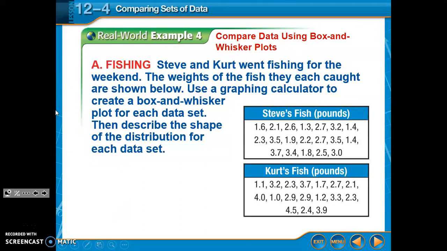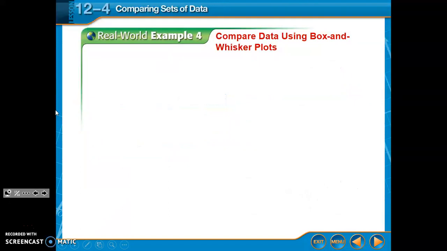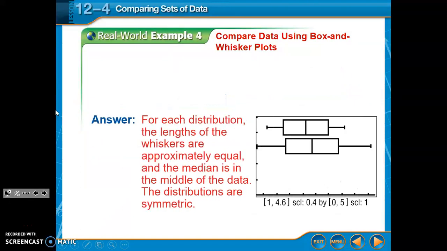Okay, so if you make these two into box and whisker plots, you would get these two things. So if we want to describe the shape, now both of these, if you look at the bottom one, the distance between these is about the same, and the median is pretty much centralized. If I look at the other one, they have about the same length of whiskers, and the median is pretty much in the middle of the box.